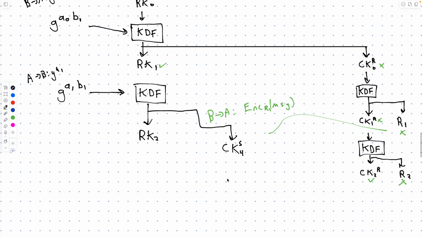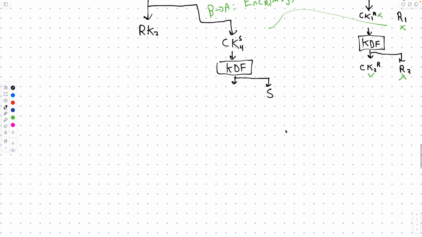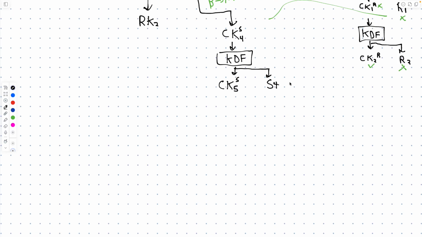Okay. And then I repeat the process. So if I want to send a message, I get a key for that message. We'll call it S4. So this is my 4th message that I'm sending. And now the numbers are sort of out of whack, but that's okay. I'll call this 5. Okay. And then I use this to send a message to Bob.